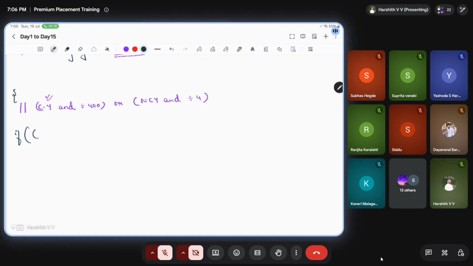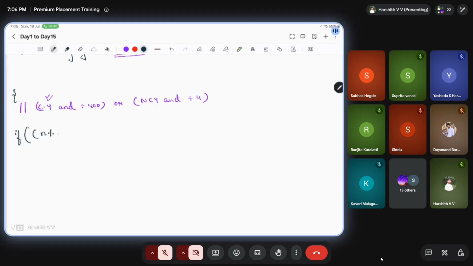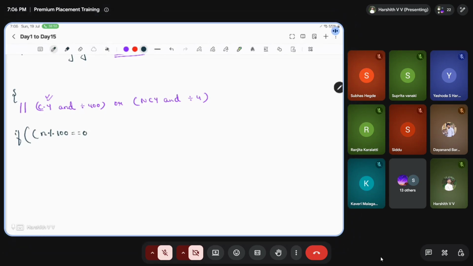So n modulus 100 equals 0. It is divisible by 100, so it's a century year. And if it is divisible by 100, it should also be divisible by 400. Then I can say this is a leap year. This is one condition. What is the other condition? It should be a non-century year and divisible by 4. How do you check whether the year is a non-century year or not?